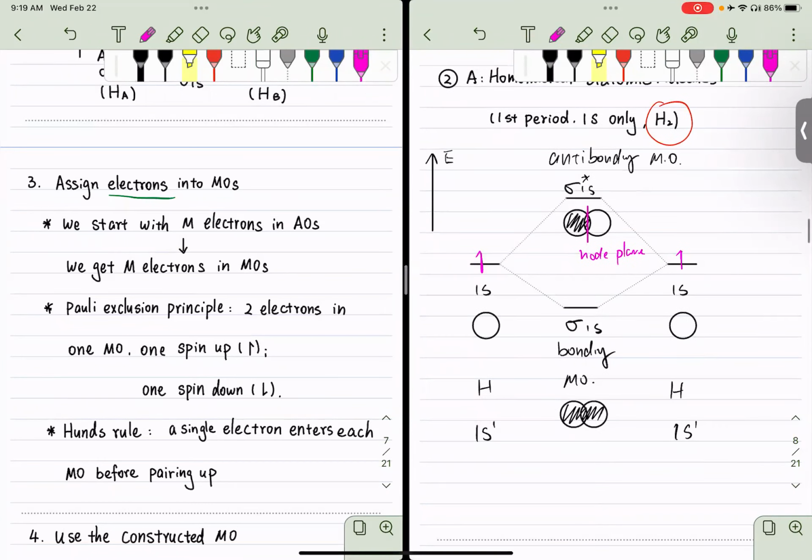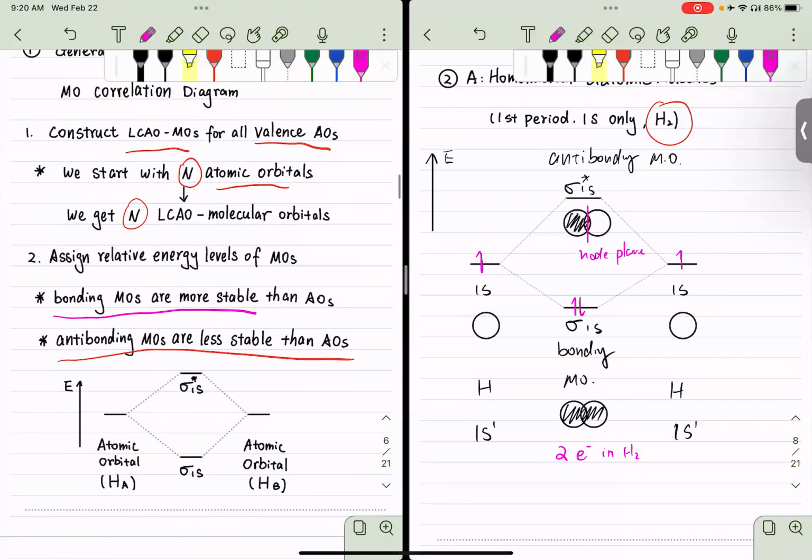And then in the molecular orbitals, it means we'll have a total of 2 electrons in H2. And then we use the same Pauli exclusion principle and Hund's rule, which we used in the electron configuration. You want to put the electrons in the lowest energy molecular orbitals. So this is how we can create a correlation diagram.